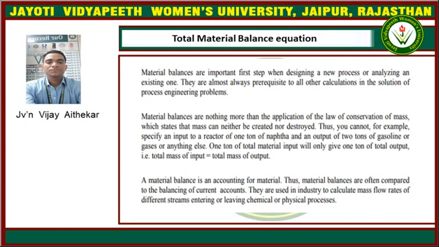Thus, you cannot, for example, specify an input to a reactor of one ton of naphtha and an output of another ton of gasoline gases or anything else; the total material input will only give the tons of total output. That is, the total mass of input is equal to the total mass of output. This is the material balance equation.